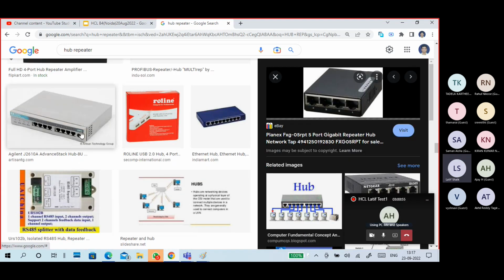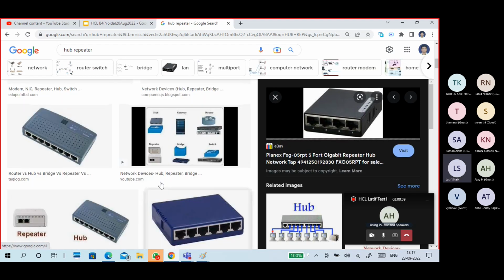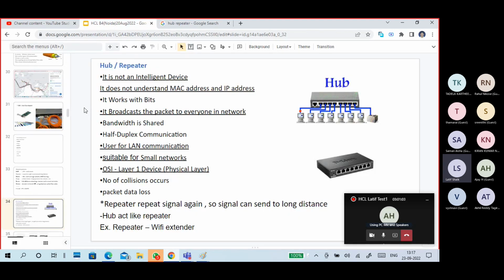Sometimes you can use hubs also, but whether it is a hub or a repeater, it repeats the signal. It doesn't boost the signal. It repeats the signal, so then it will go for another 100 meters.